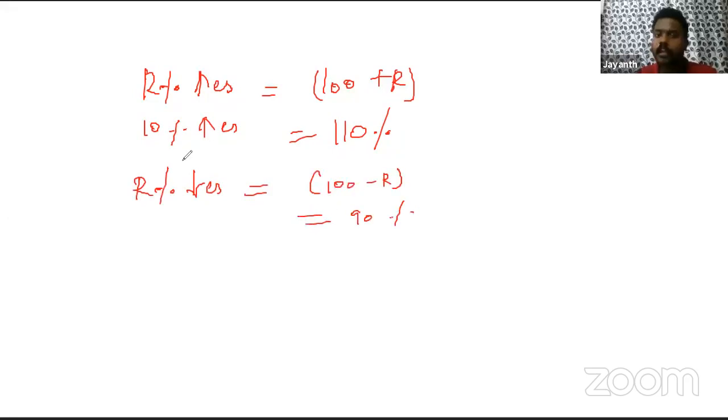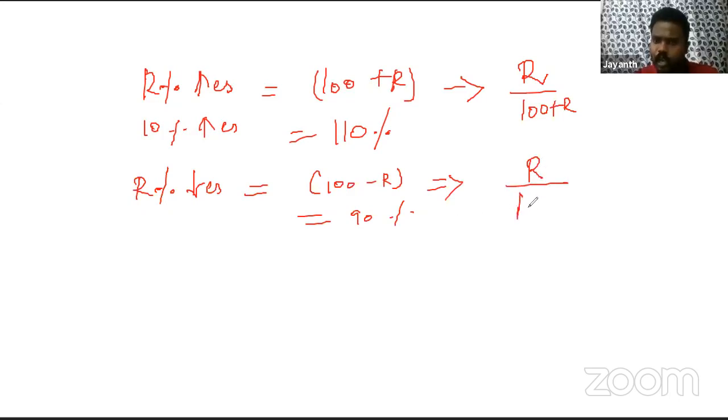If R percentage increases, then the reduction will be R divided by 100 plus R. If R percentage decreases, it is R divided by 100 minus R, percentage into 100.